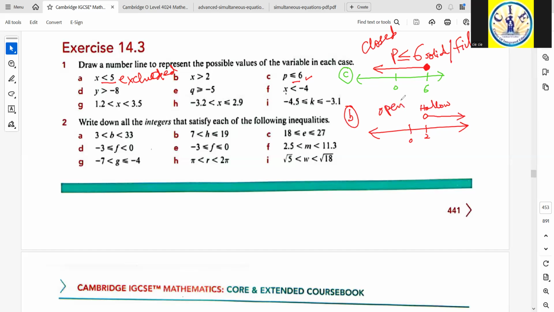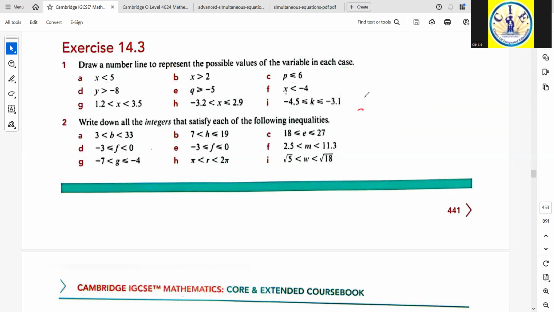Okay, with this, now I proceed to part D. Y is greater than negative 8 now. So if this is 0, this could be somewhere negative 8. So the values of y should be greater than that.